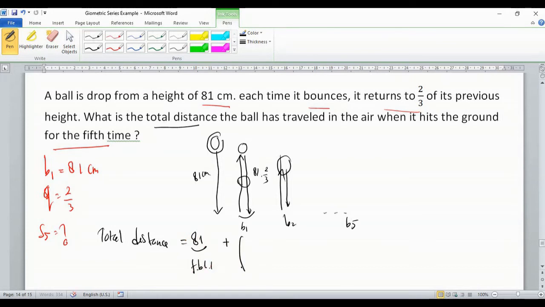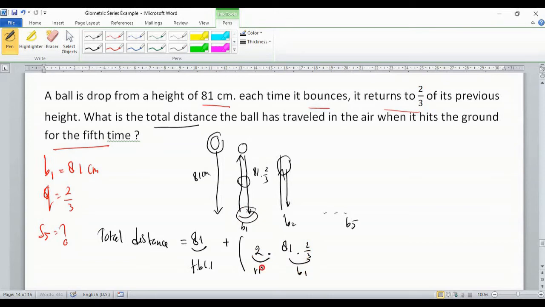Now we think about the rise and falls, so we can times by 2 times the first bounce, which is 81 times 2/3. This one is the B1.